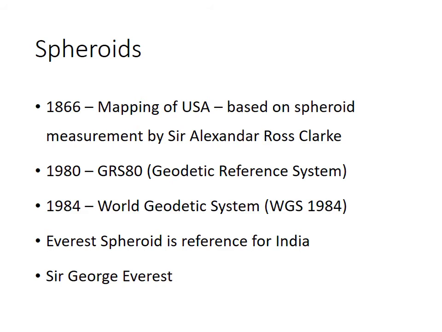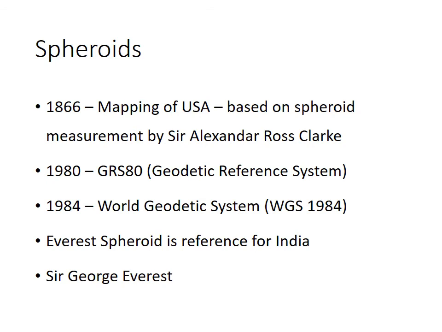In 1983 a new datum was adopted based on the measurements taken in 1980 and internationally accepted as the geodetic reference system, which is called GRS-80. In 1984, the United States military refined the values of GRS-80 and made the World Geodetic System, that is WGS-84 or WGS-1984. Everest spheroid is the reference surface for India and adjacent countries.